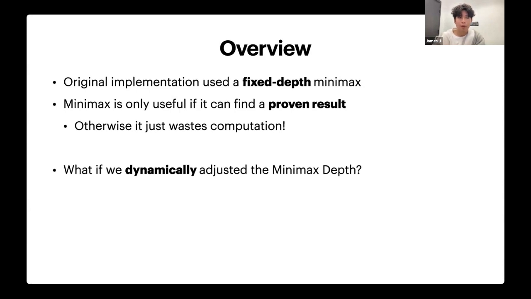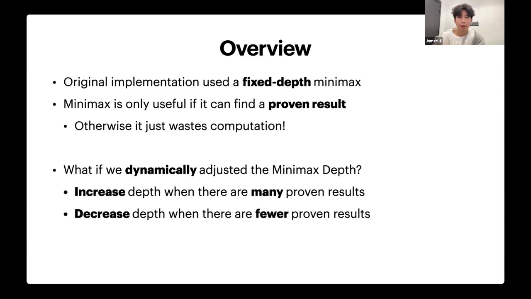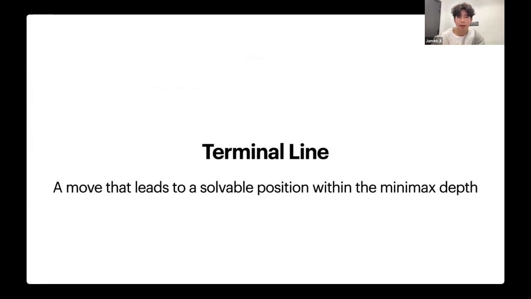So one thought I had was, what if we dynamically adjust the minimax depth? So we increase the depth when there are many proven results in the current situation in the game, and we decrease the depth when we think there aren't that many proven results in the current game scenario.